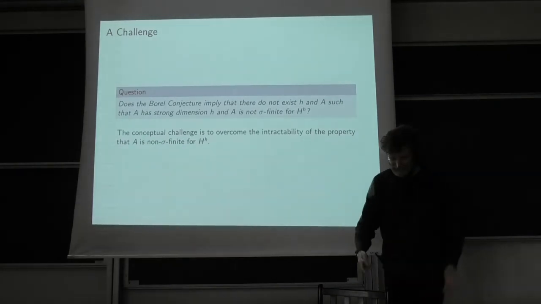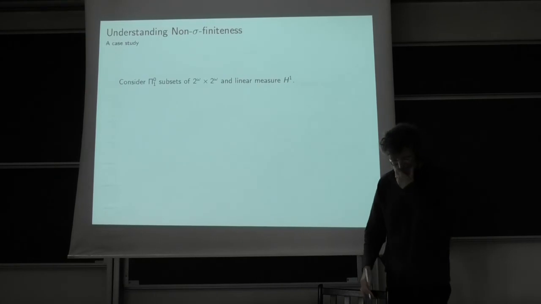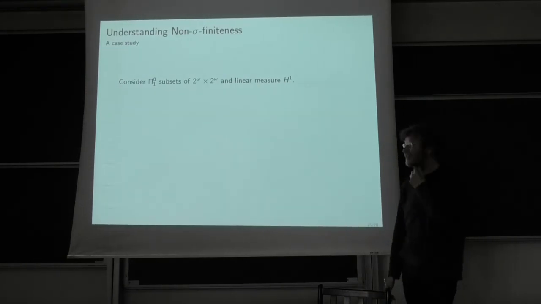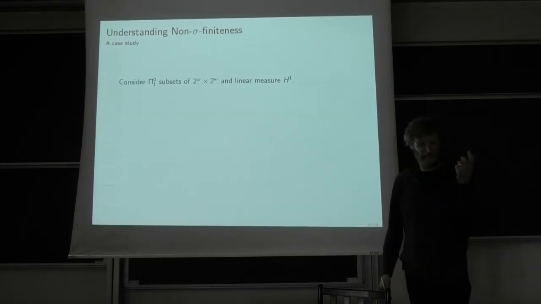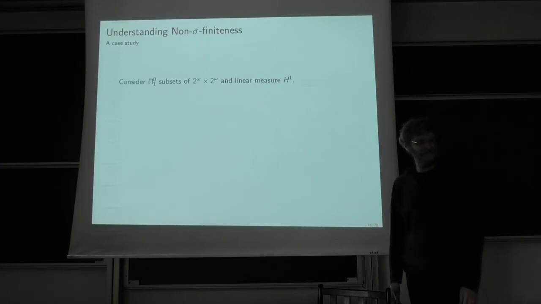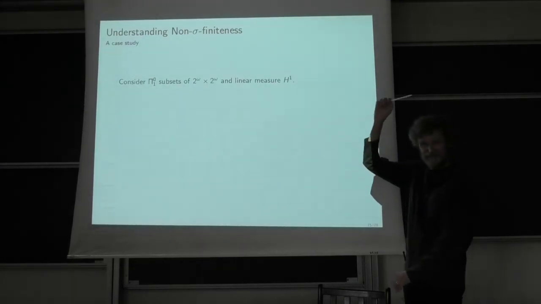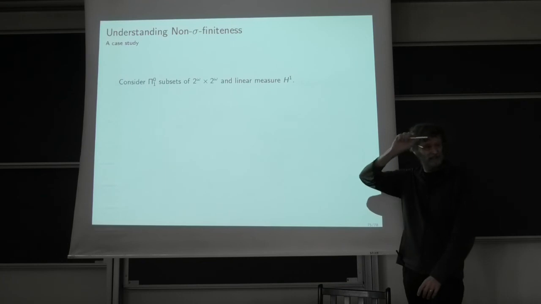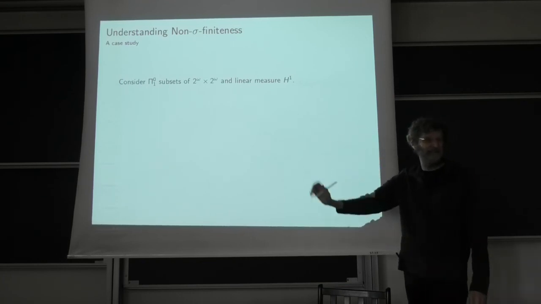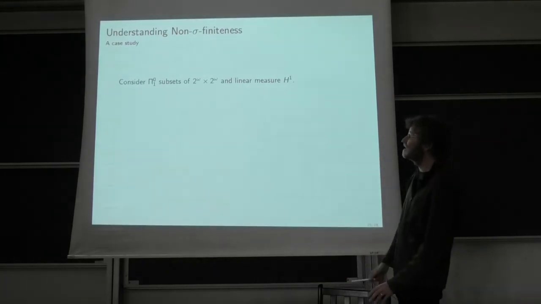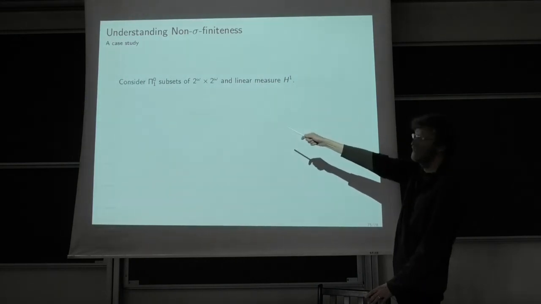Okay, so that's the problem. How do you understand what it means for a set to be not sigma finite? And how complicated is that? So here's a case study. I want to just examine that on the simplest kinds of sets. So let's look at closed subsets.